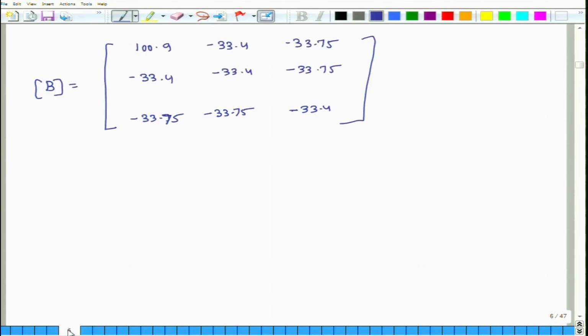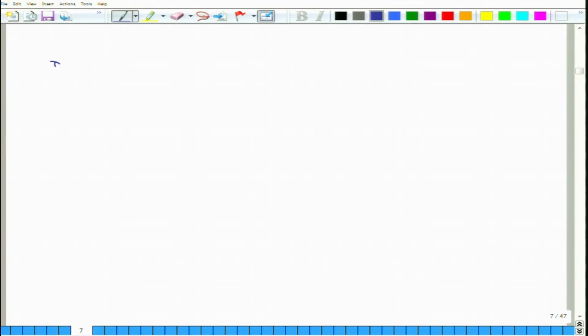So, this is the B matrix, and finally, we compute elements of the D matrix. So, Dij equals the sum over k equal to 1 to n of Qij bar for the kth layer times (Hk cube minus Hk minus 1 cube) divided by 3.